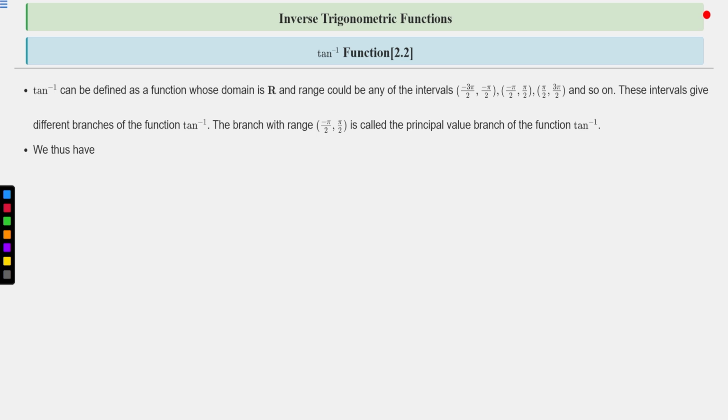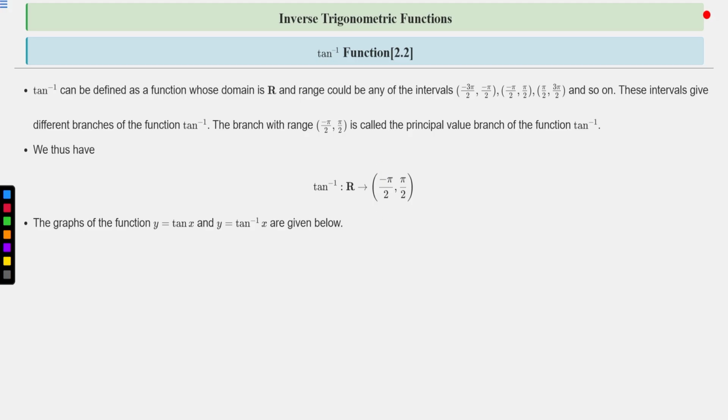So tan inverse can be defined with domain all real values and range from minus pi by 2 to pi by 2. The graphs of the functions y equals tan x and y equals tan inverse x are given below. Why have we taken an open bracket in minus pi by 2 to pi by 2?